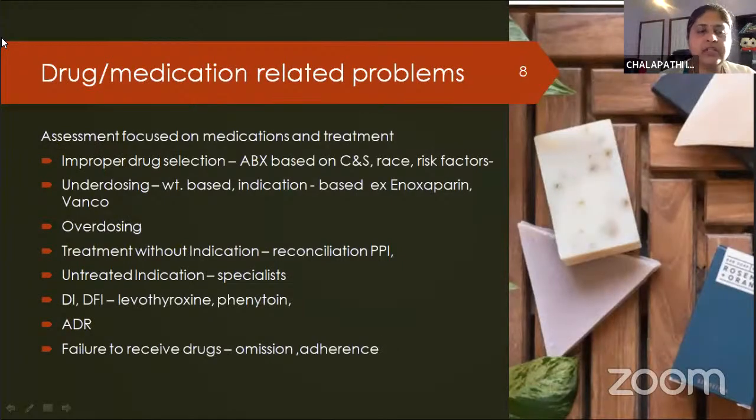We look at what the infection is, what the severity of the infection is, is it community acquired, was it acquired in the hospital, what are the pathogens that are responsible. All that information is based on the culture and the sensitivity tests, right? So we have to look: is this antibiotic appropriate? Does it cover the required pathogen that is in question here?